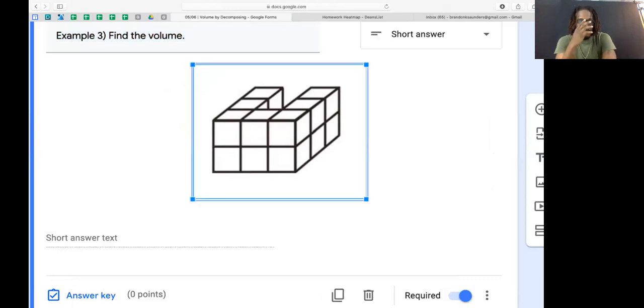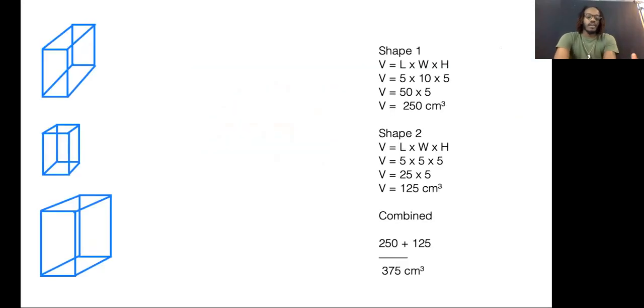When we're thinking about that, we can use the unit blocks to label our shape after we decompose it. So that looks like this for us. Each of these shapes has the same height. Each of these shapes is 2 units high.